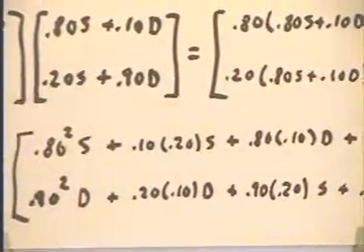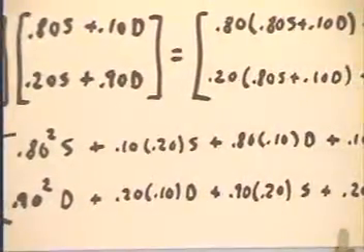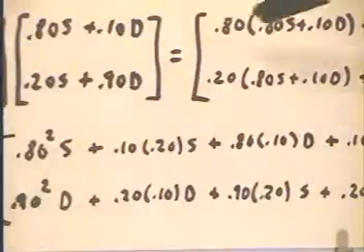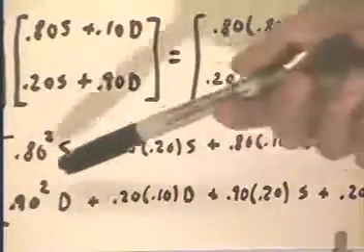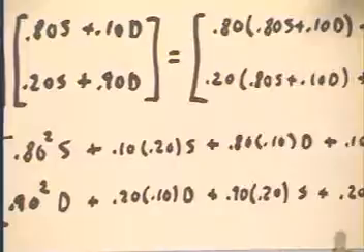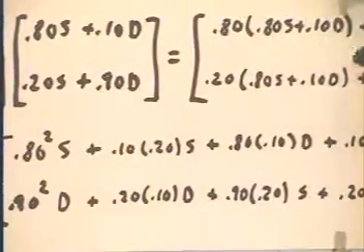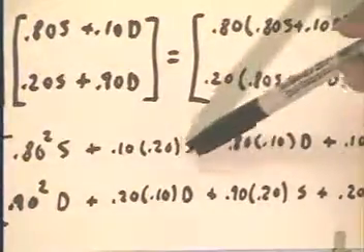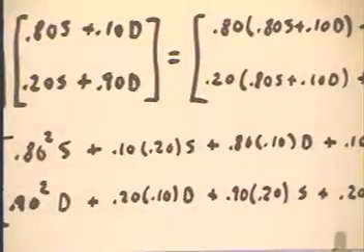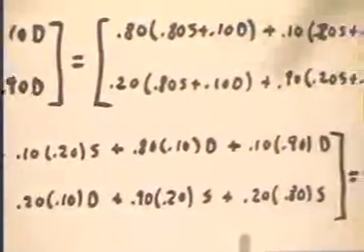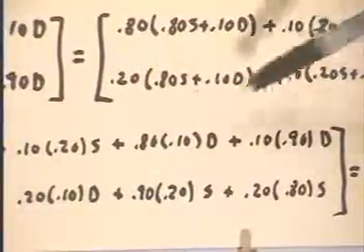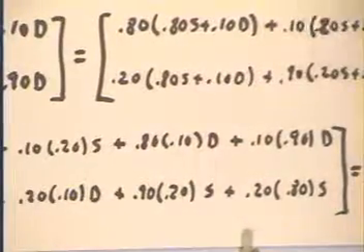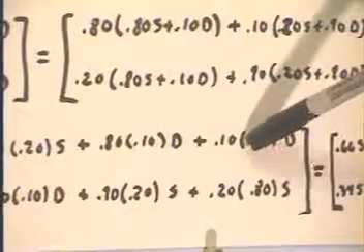We can simplify a little bit. I'm not going to go through all the details of the simplification, but 0.80 times 0.80s gives us 0.80 squared s. 0.80 times 0.10d gives us our 0.80 times 0.10d, of course. If we move over a little bit, the 0.10 times the 0.20s comes up here, and the 0.10 times the 0.90d comes in here.